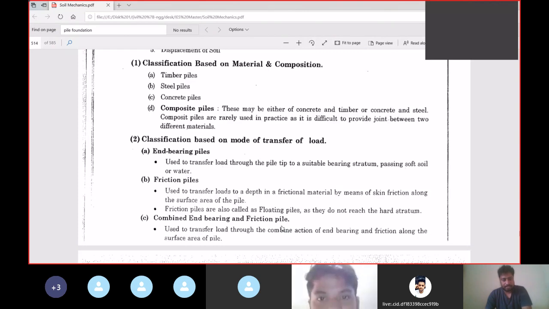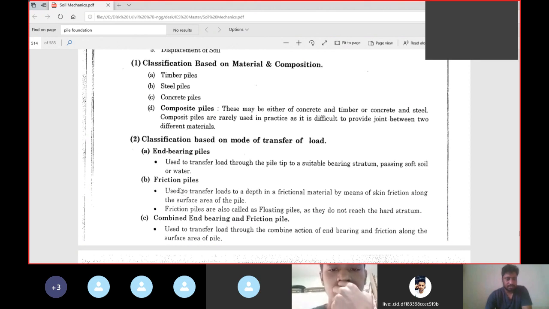When we are driving a pile inside the soil mass, the adjoining soil will try to resist due to friction effect. The soil will try to resist the driving action of the pile inside the soil mass. So there comes the friction effect, right?